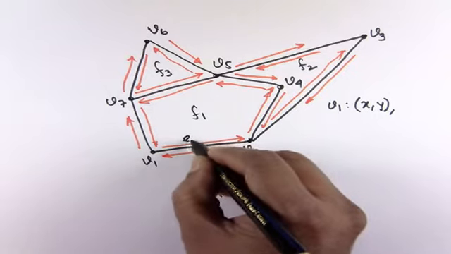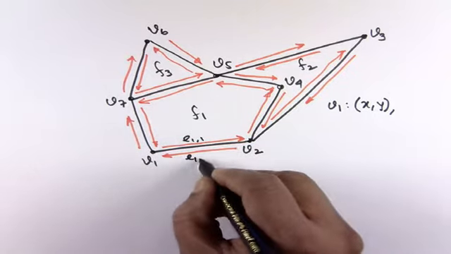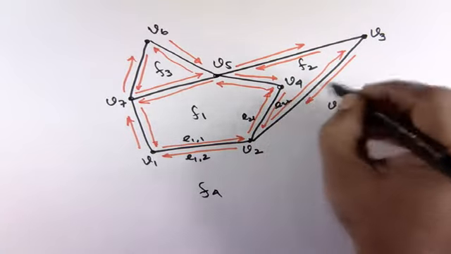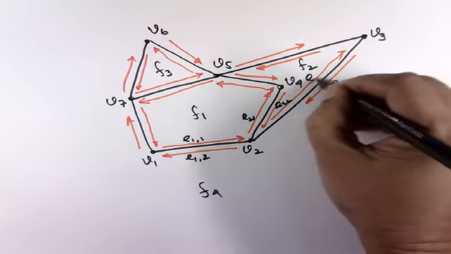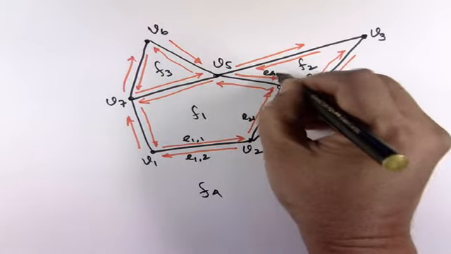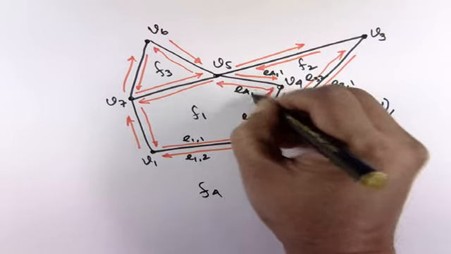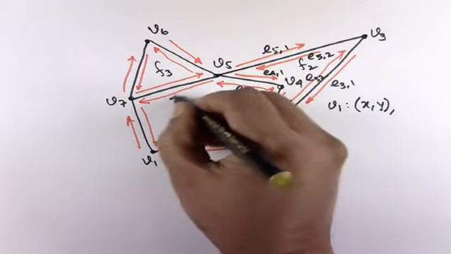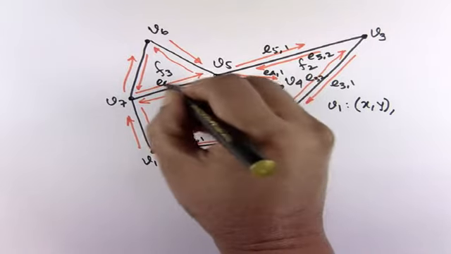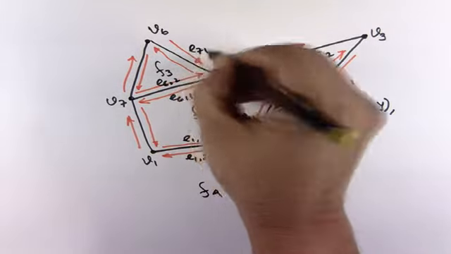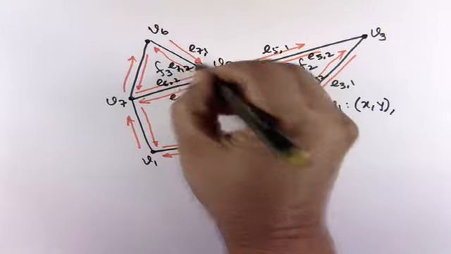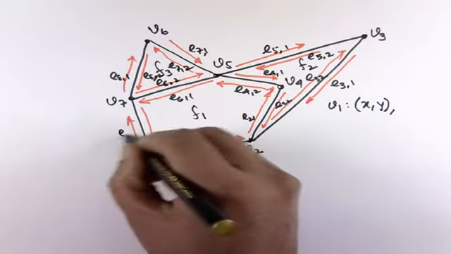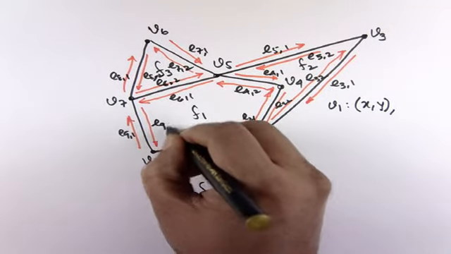So let's call them E11, E12, E21, E22, E31, E32, E41, E42, E51, E52, E61, E62, E71, E72, E81, E82, E91, E92.